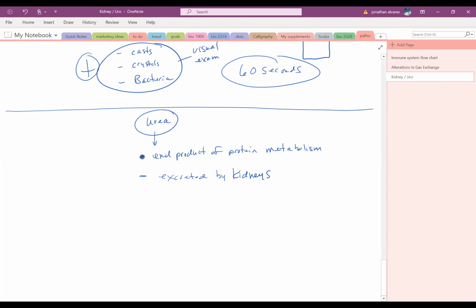Anybody want to take a guess at the lab that you do? BUN? Yes. Blood urea nitrogen.